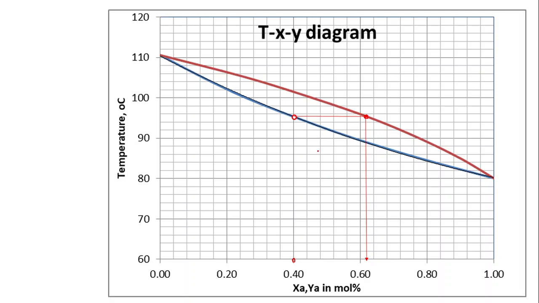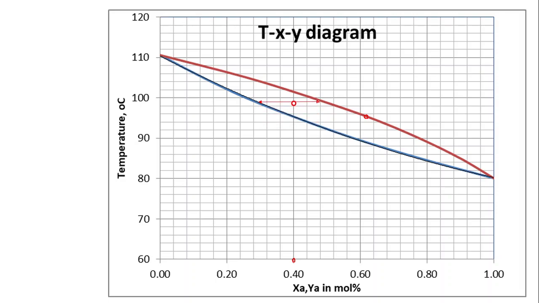And again, if you supply the heat, what happens? More and more vapor will be formed, and the situation will be a vapor and liquid mixture. If you supply the heat, this will be the position, where the temperature is very close to 100. It can be 97-98 degrees Celsius now. What will be the vapor and liquid compositions at this point?